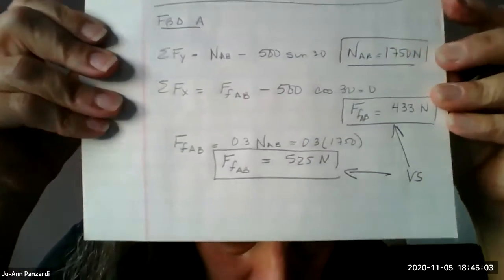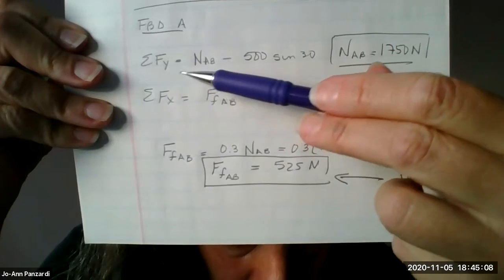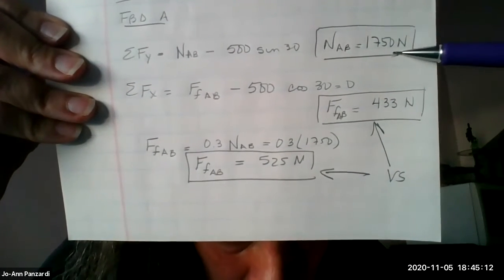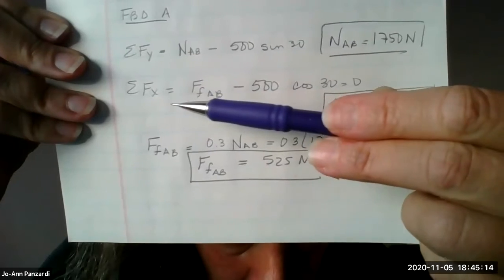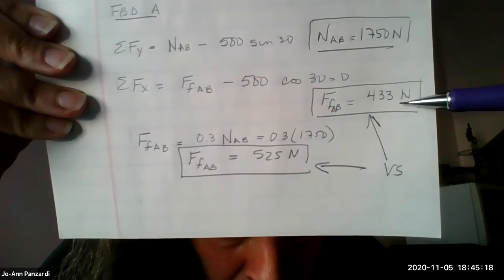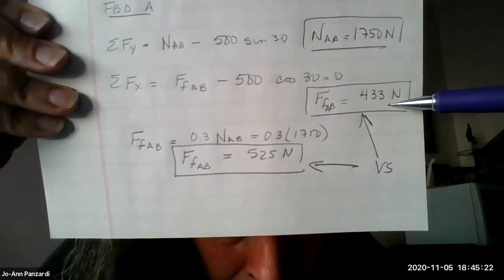Okay, so let me show you guys what I did. Danny said to do free body diagram A. I did some of the forces in the Y, and I calculated what NAB is, the normal between the two blocks. I did some of the forces in the X, and I got the frictional force, the real force that's between A and B, to be 433.